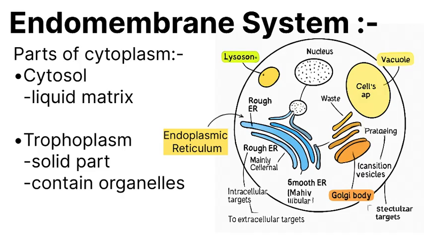The cytoplasm can be divided into two main parts, which are called cytosol and cytoplasm proper. Cytosol is the liquid matrix of the cytoplasm. You already know these terms from class 9th, that it is dense and viscous in nature.